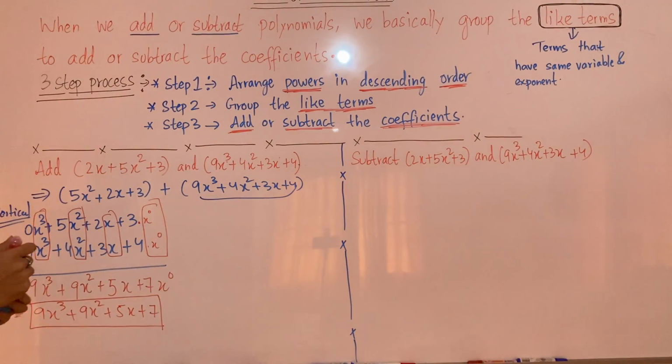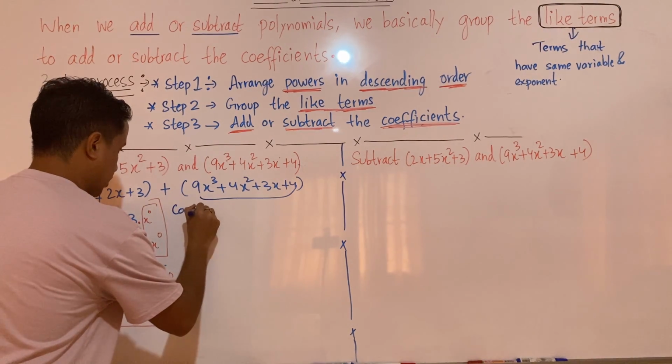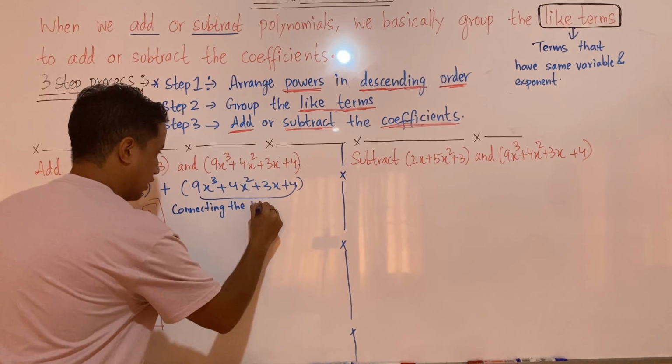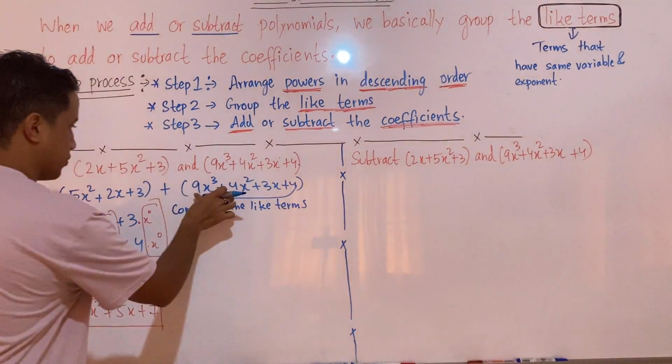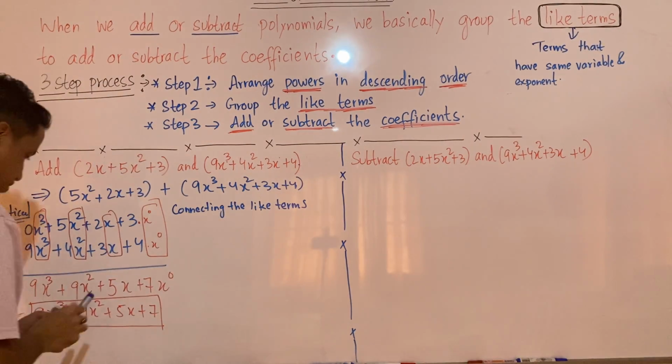Okay, now I have another way, and we call that way connecting the like terms. What does that mean?